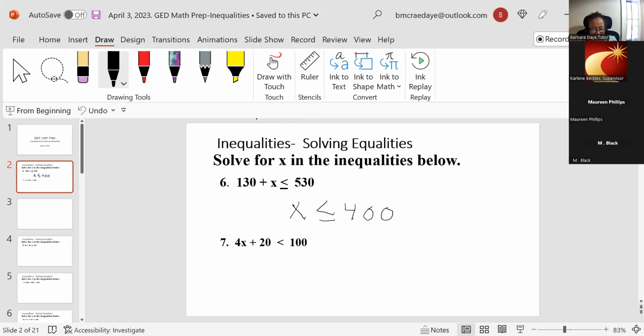Mercedes, you got that one? Yes, miss. Okay, what do you get for number 7? What's your x? Give me 1 minute, please. x less than what? x is less than 20.